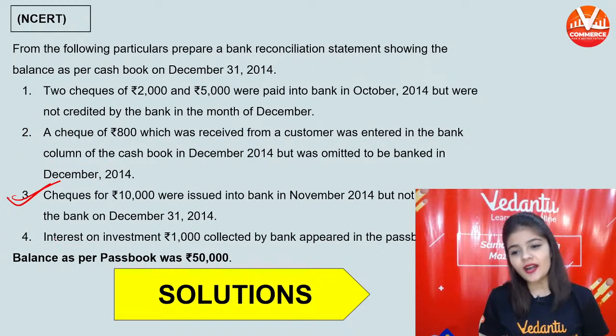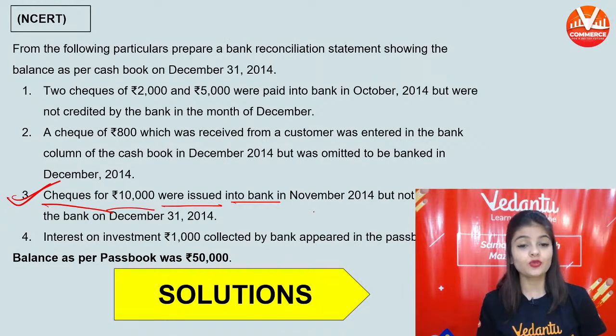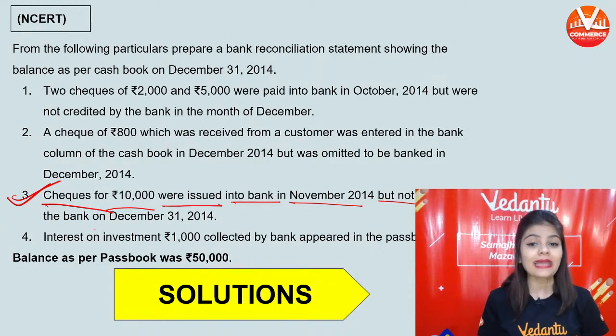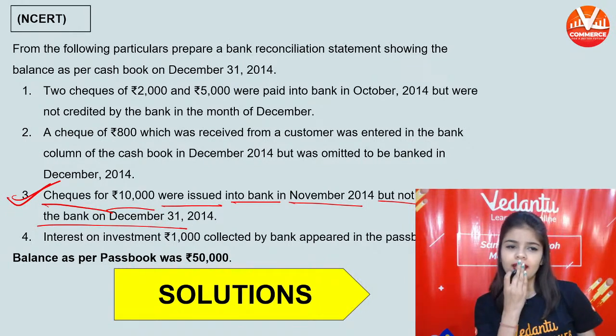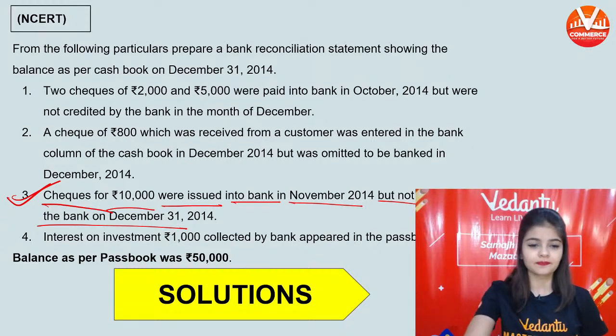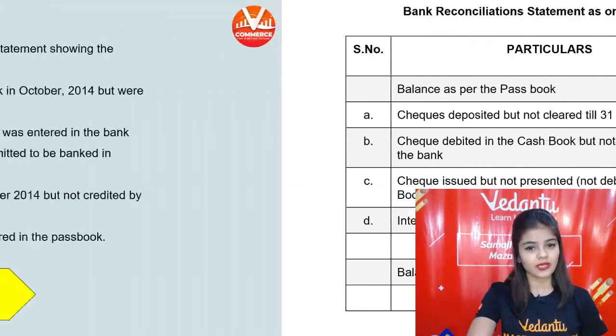Coming to the third transaction, check for 10,000 were issued into bank in November 2014, but not credited by the bank. There is some error. Issue किया तो माइनस होना चाहिए. एक मिनट.